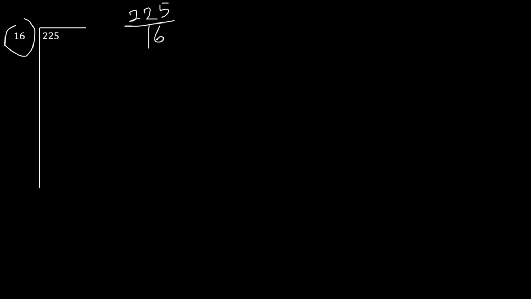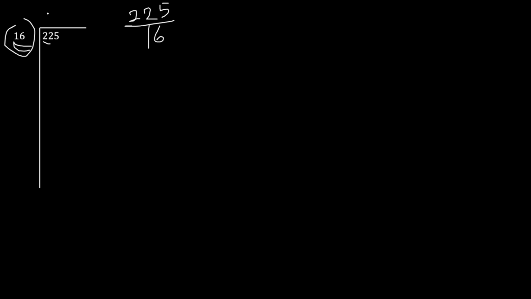A step-by-step procedure. How do we go about this? It's very simple. Number one, you should know that the division actually takes place digit by digit. You want to use 16 to divide 2 first. It's a process. You still have other digits. You want to use 16 to divide 22.